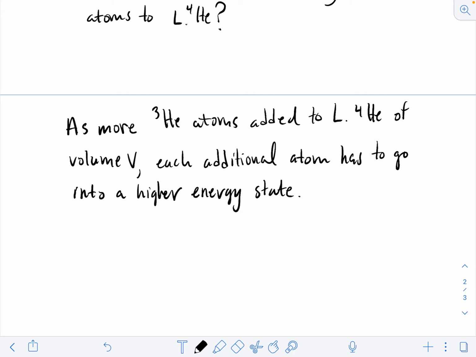So think of the helium-3 atoms being added to some fixed volume, the volume set by however much liquid helium-4 you have, and that's like having a particle in a box.